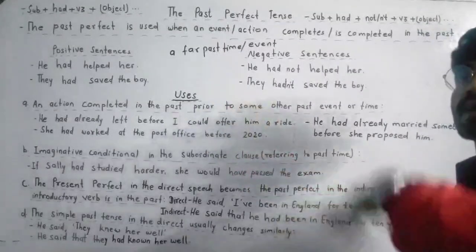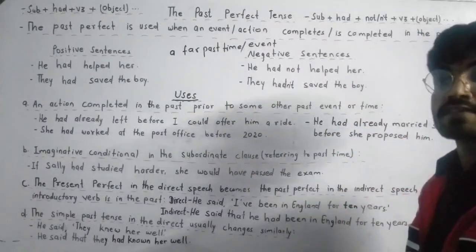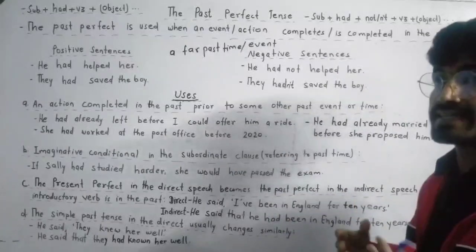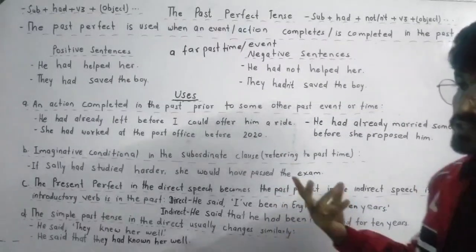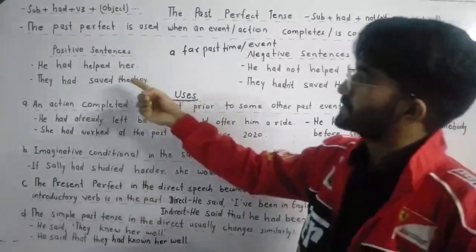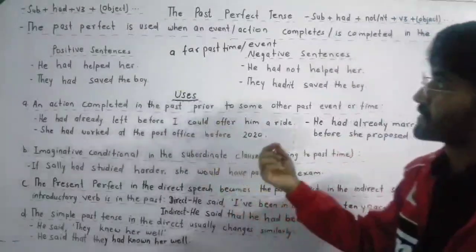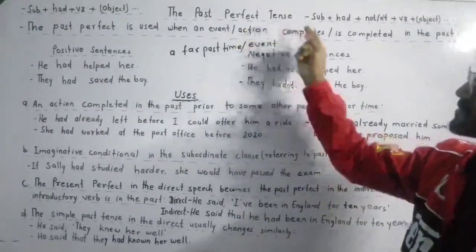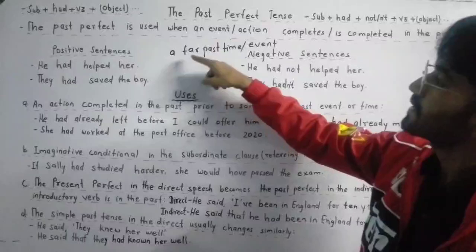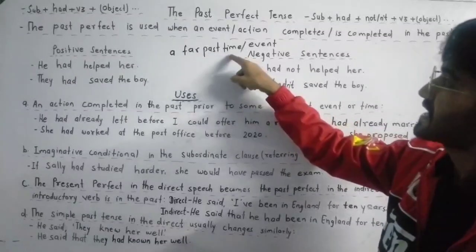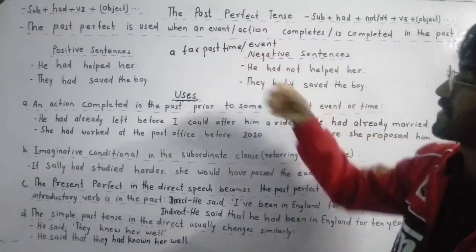It means in the past, not now. Maybe 10 years ago, maybe 20 years ago, somebody had helped her. In this way, we can use the past perfect tense to show a past time or event or action.